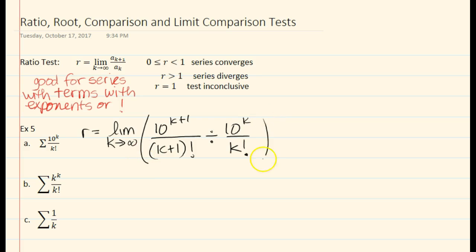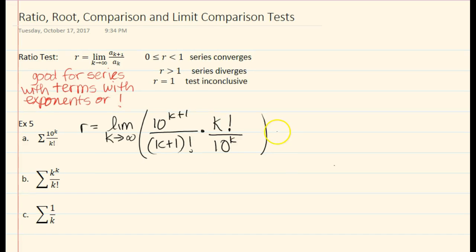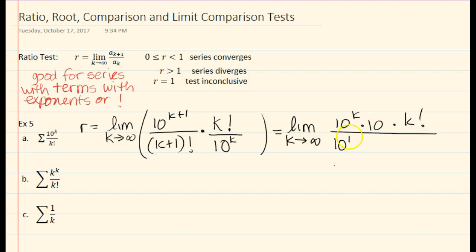One of the things that I want to remind you of is that when we're dividing by fractions, it's the same thing as multiplying by the reciprocal. So now we're taking the limit as k goes to infinity of 10 to the k times 10, that's the same thing as 10 to the k plus 1, times k factorial. And at the bottom, we're going to have 10 to the k and k plus 1 times k factorial.